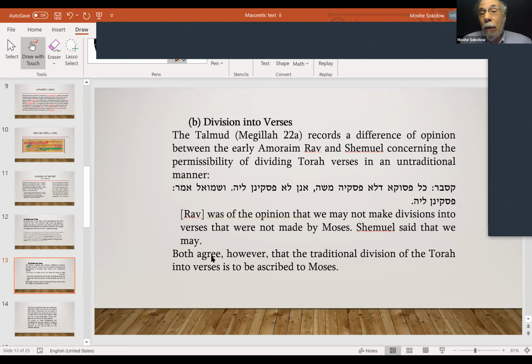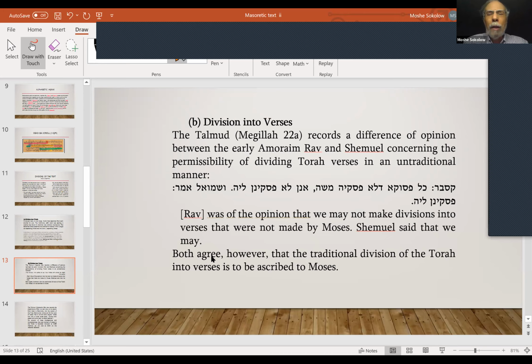However, if you take a look in the Torah text, that's not a full verse. That's half a verse. So, according to Rav, who says that it's prohibited to make divisions in biblical verses that weren't sanctified by Moses, you can't just say Vayhi Erev, Vayhi Voker, Yom HaShishi, and that's why some people have the custom of starting at the beginning of the verse.